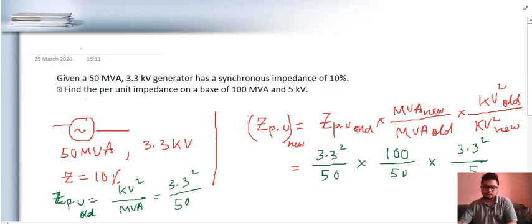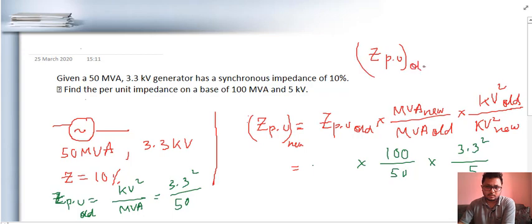And one thing, I have made a mistake here. The Z per unit old is the synchronous impedance, so I should have written this, not that. Z per unit old is this 10%. 10% means 0.1, so here I should write 0.1.